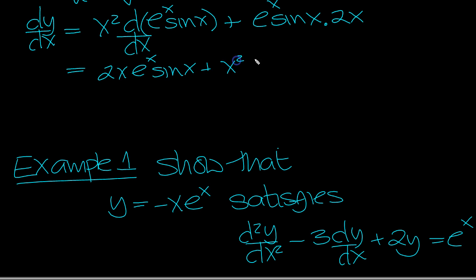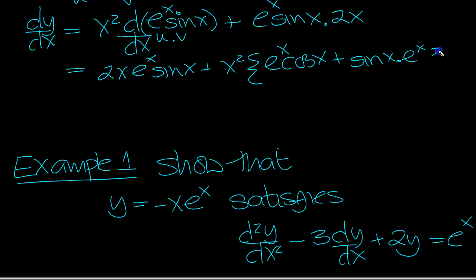Plus the x squared times this stuff here. And now we'll label this bit that we need to differentiate u times v as a product in its own right. So when we differentiate this, we get u dv/dx cos x plus v sine x times du, which is e to the x.